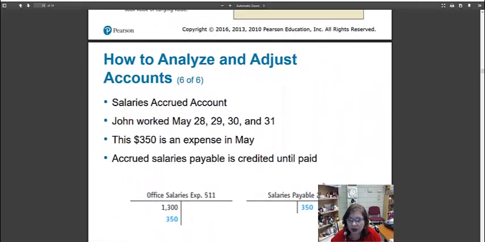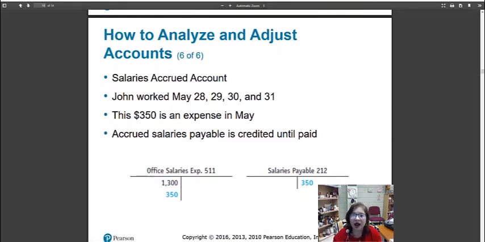So, we also adjust salaries. Let's say that salaries accrued. That means salaries, how much you're going to have to pay. So let's say that John worked May 28th, 29th, 30th, and the 31st. This is a $350 expense in May.